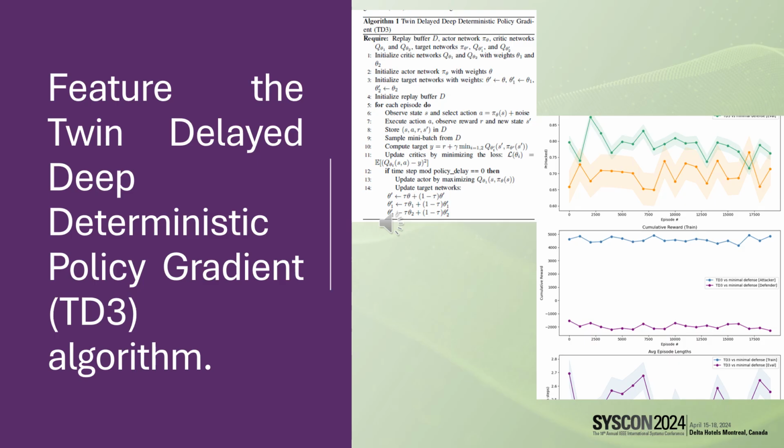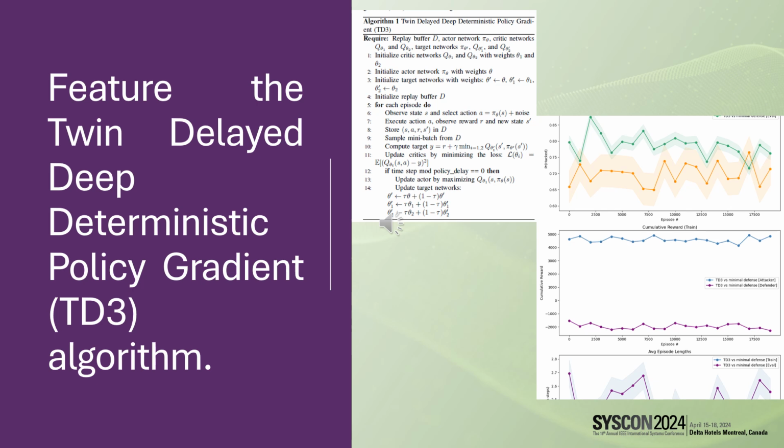Respectively, the algorithm proceeds through several steps that involve observing the current state, selecting and executing an action, storing the transition, and sampling a batch from the replay buffer to update the network weights. The process is iterative, and the agent learns a policy, a strategy of actions, to maximize the expected return, which is the cumulative reward it receives.